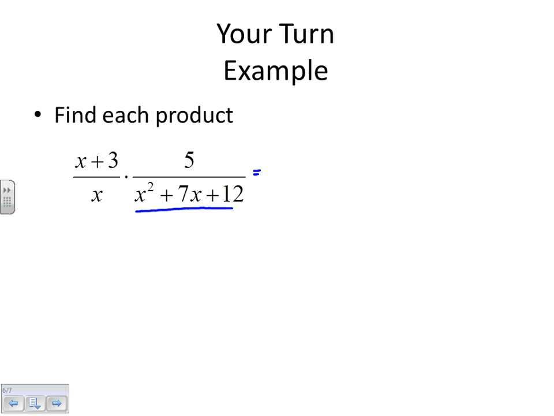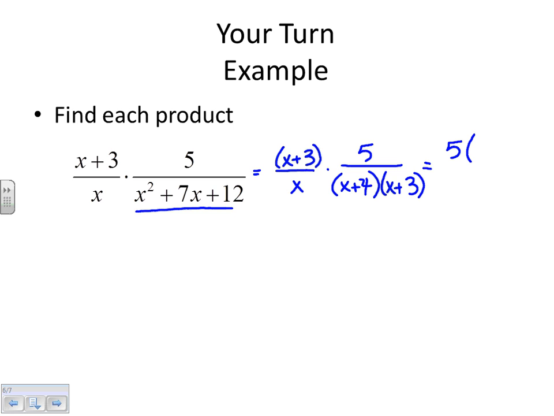Okay, so first of all, we have x plus 3 over x times 5 over, factored out as x plus 4, x plus 3. And we push these together, so 5 times x plus 3 over x times x plus 4, x plus 3.